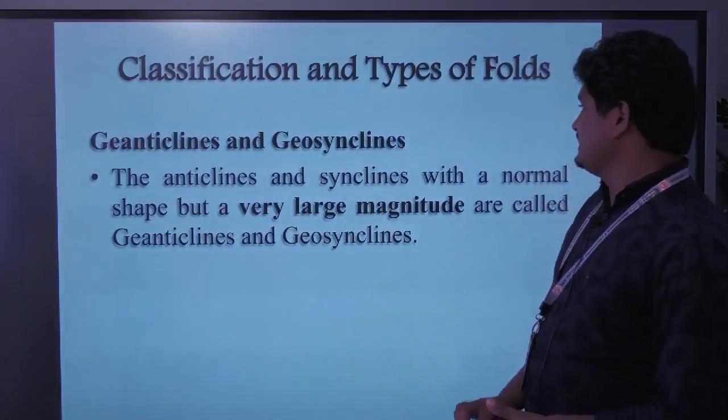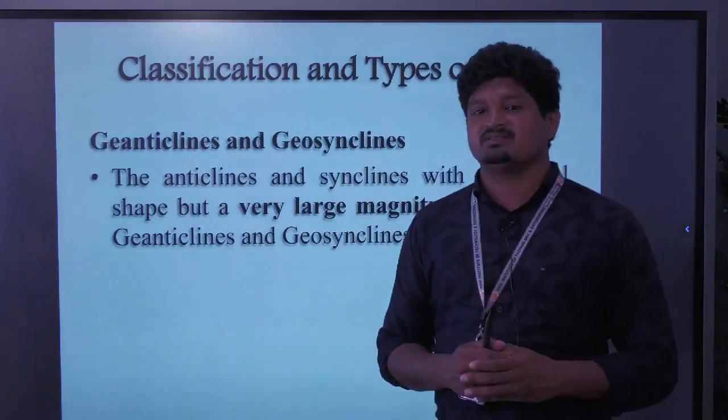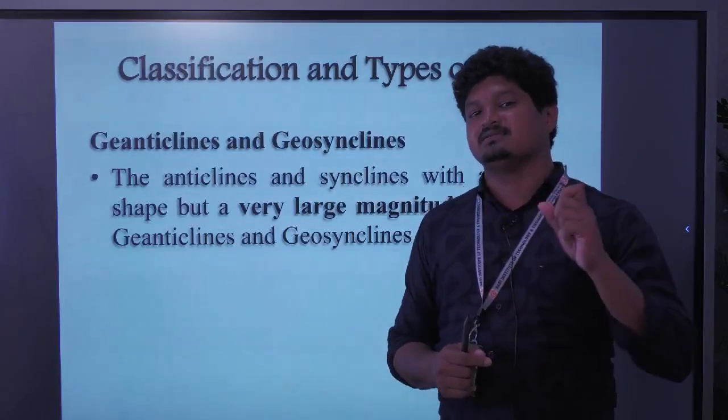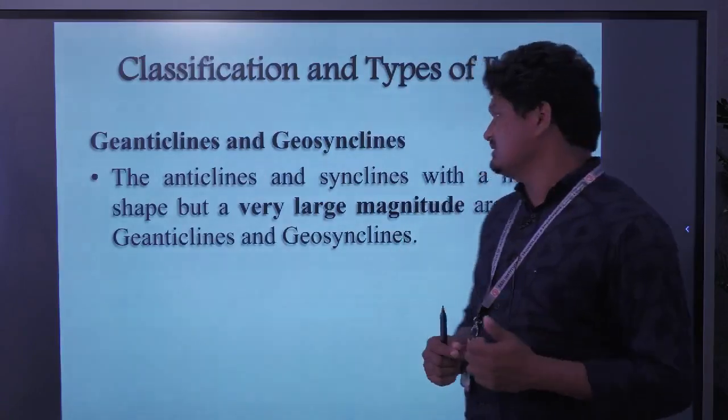Now, gentle anticlines and gentle synclines. A number of anticlines in a series identified in one particular rock mass are the gentle anticlines. A series of synclines identified in one particular rock mass are the gentle synclines.